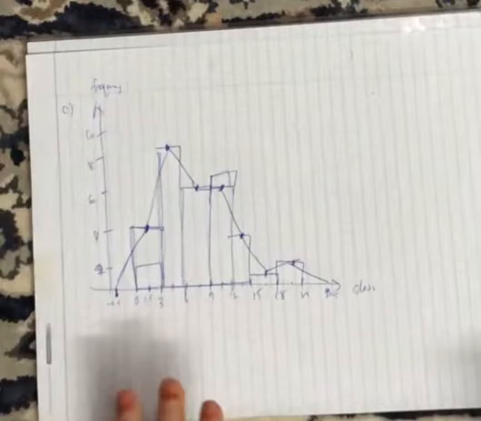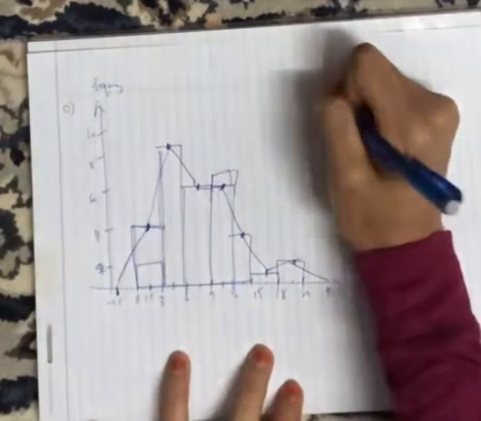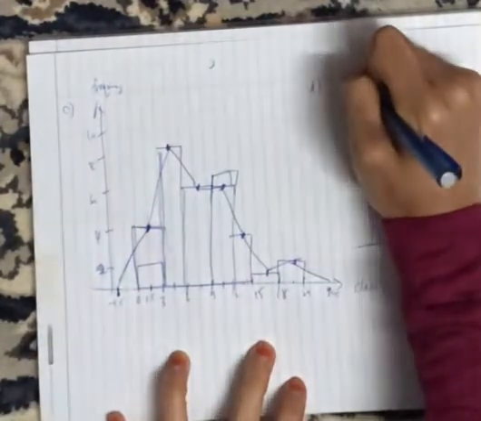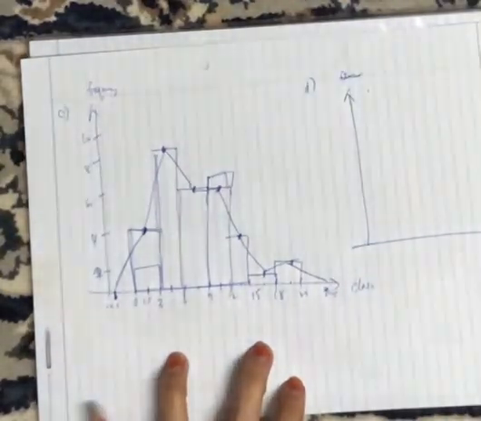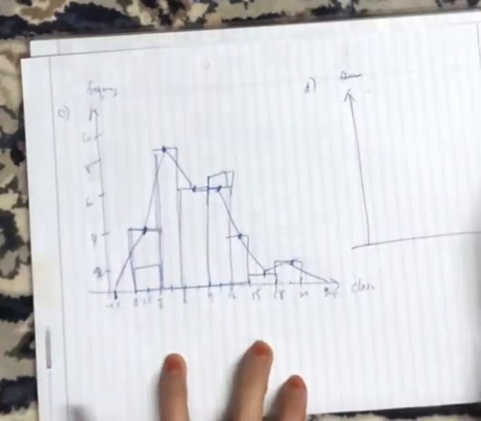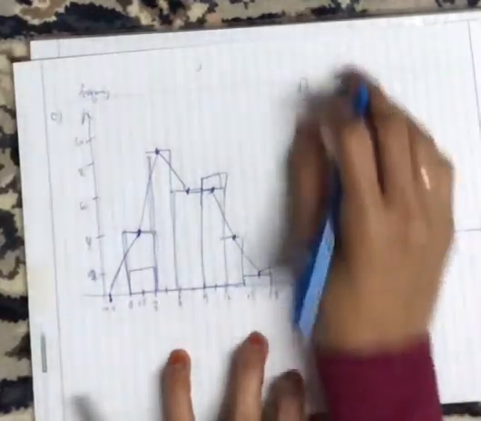So the last one, ada tak ogive? Okay, the last one, how to draw or sketch the ogive. Ogive is not still a frequency here, we call it cumulative frequency. So this is the classes, this is the frequency.